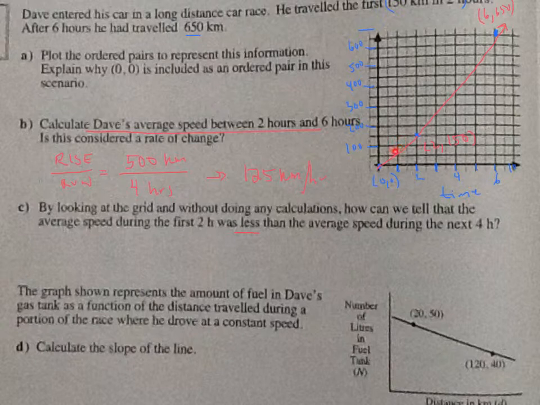So there's a slope for the first 2 hours, and then it goes up a little bit steeper for the next ones. So the answer here is the slope is not as steep. Okay.